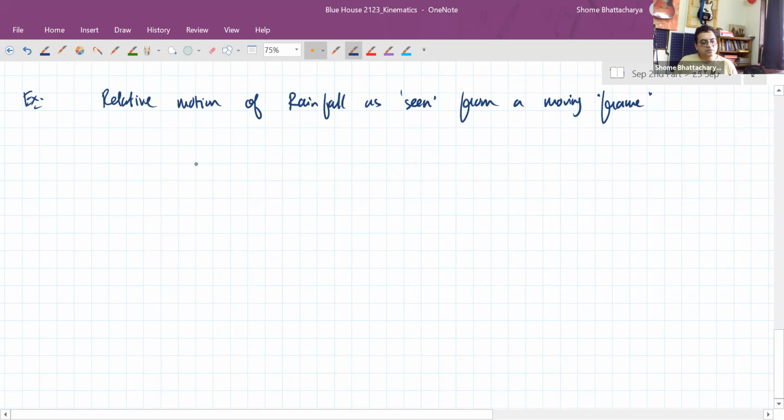So in our particular example, let us say rain is falling vertically. The actual velocity of rain with respect to ground is vertically downwards at some velocity VR like this.